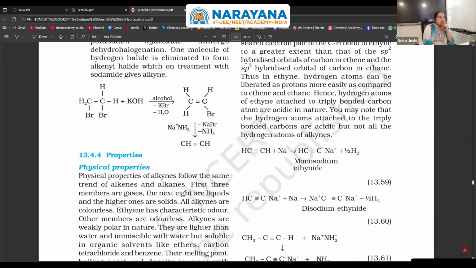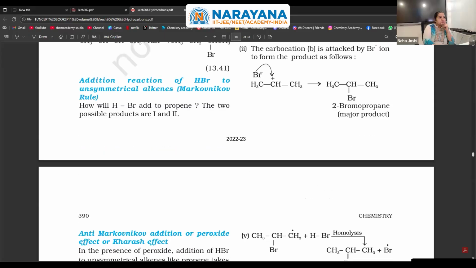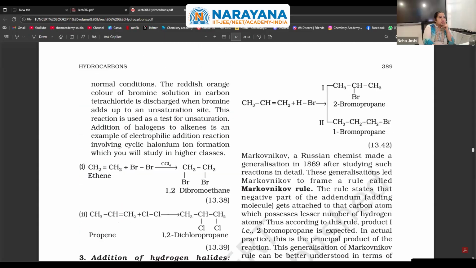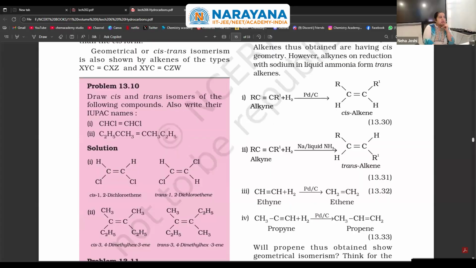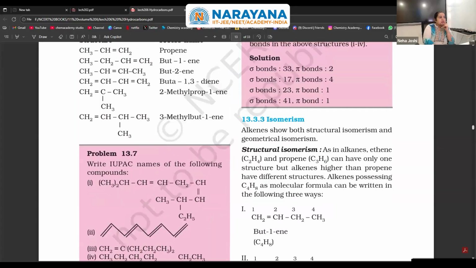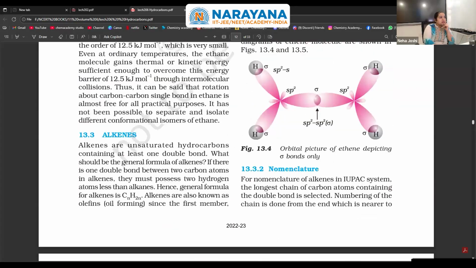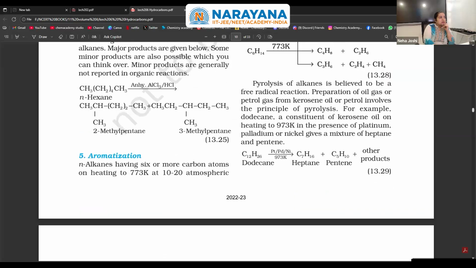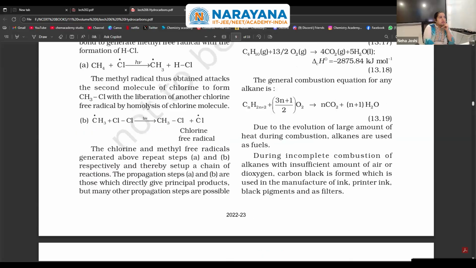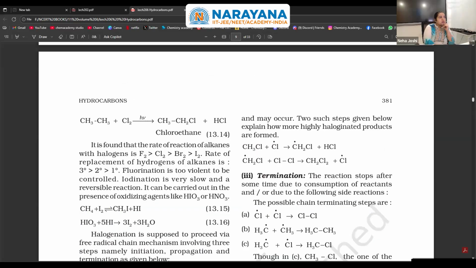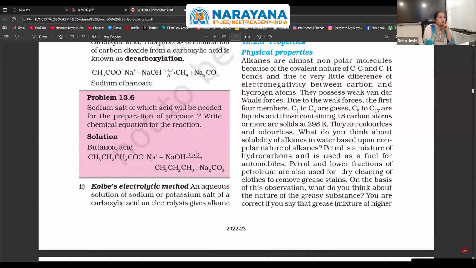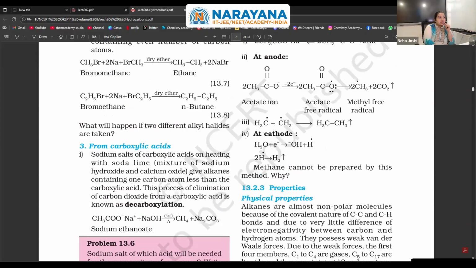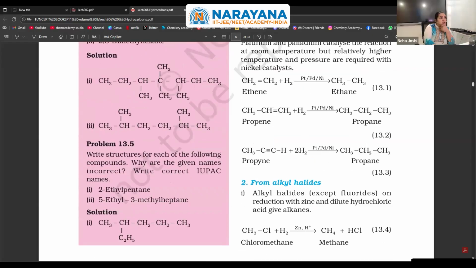Let me reach. This is the alkynes part. Alkanes. Just wait, Shiva. Aromatization. Have I reached? Yes, reactions I have reached. There was one pink box somewhere, whether in 12th or in 11th, where they have used it.